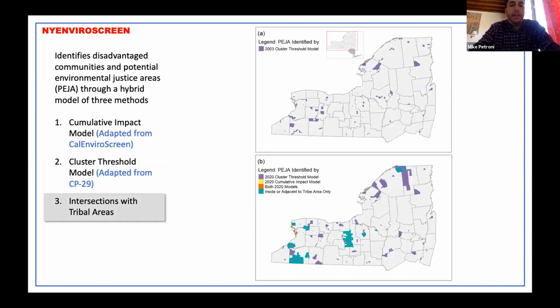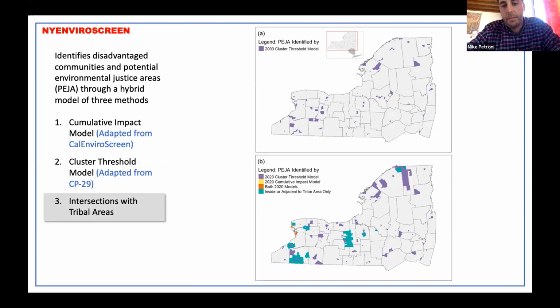And then third, we wanted to incorporate more protections for indigenous communities and tribal areas. So we added a new step to this process where we classify a block group as a disadvantaged community if it intersects or borders a tribal area in New York State.